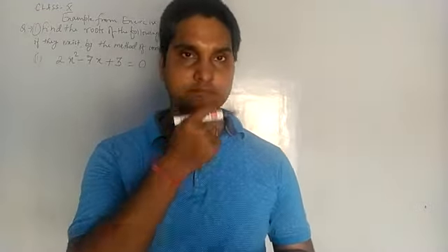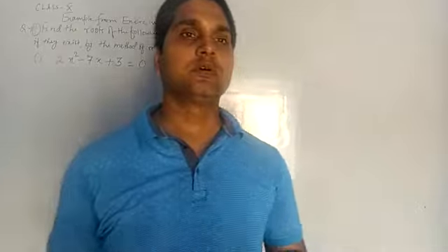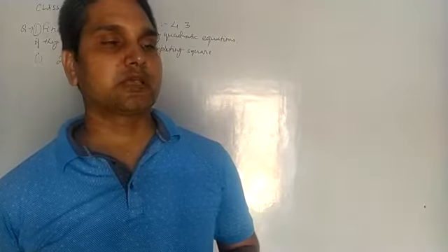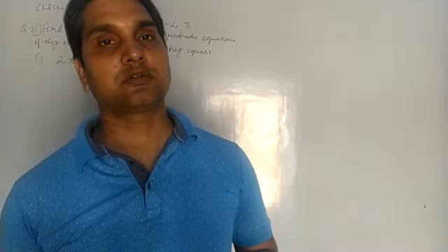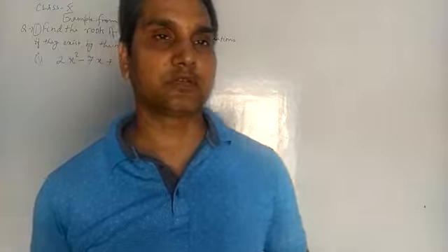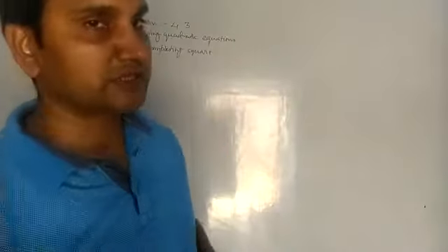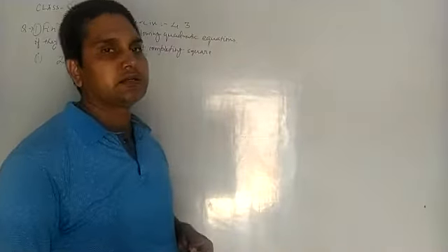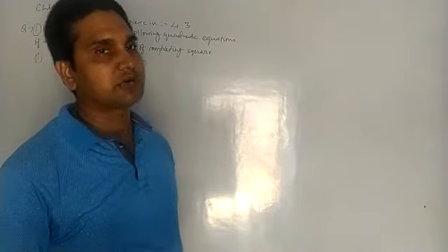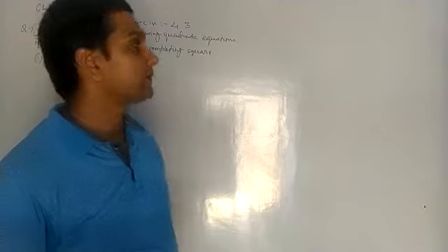Now we are looking into a few examples based on that, and we will solve these examples on that basis only. So without wasting time, we are taking a question: how can we solve a quadratic equation by the method of completing the square?